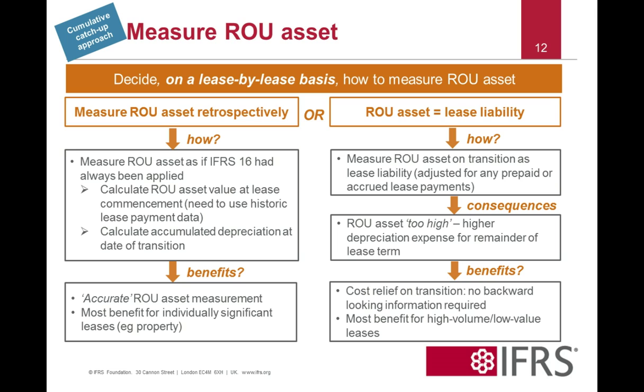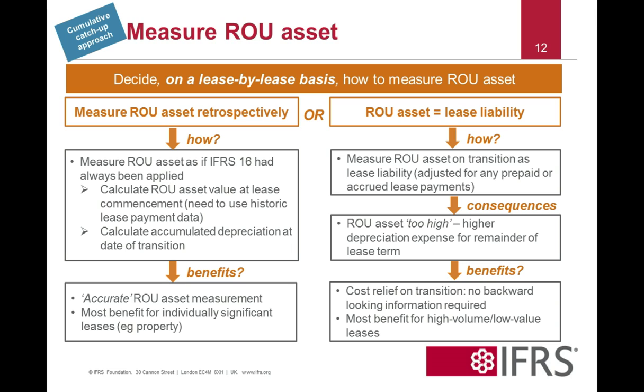This approach is clearly less costly, but the consequences are that the right of use asset on transition will be measured a bit too high. Subsequently then, annual depreciation charges for the remainder of the lease will also be a bit too high, and the longer the lease term and the higher the discount rates, the more significant this effect will be.